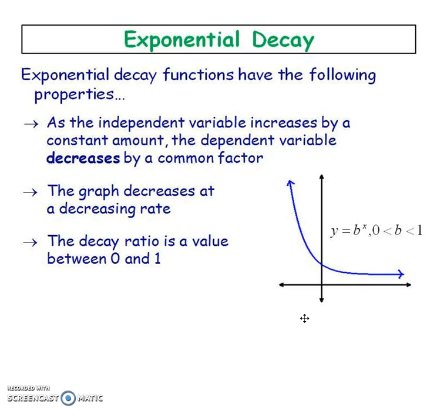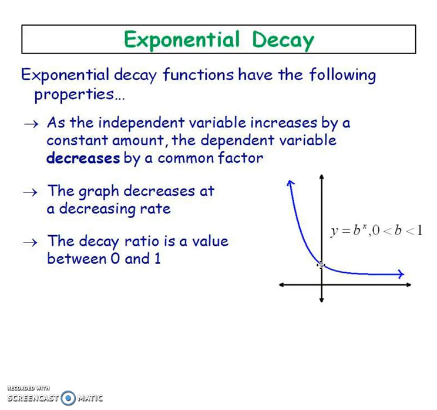Now, if you look at an exponential decay, it's a little bit different. It's kind of backwards, where it goes from high to lower. But notice that again it gets closer and closer to that asymptote. So it also has an asymptote of y equals 0. There is a y-intercept of 0, 1, just like before.